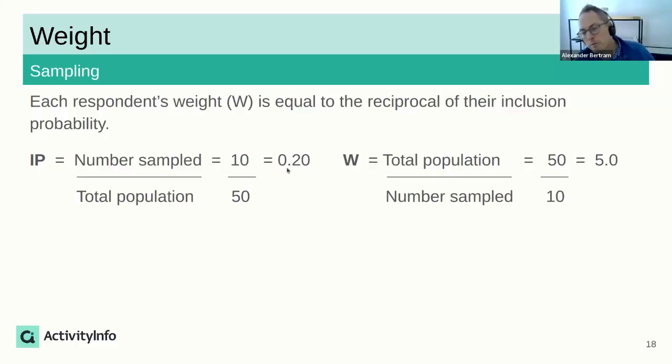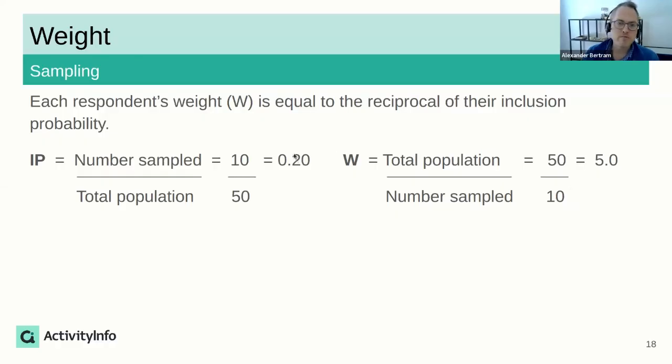Now, what you're probably most used to thinking about and working with in analyzing surveys is weights. But weights are actually just the reciprocal, the inverse of your inclusion probability. So you can just flip this expression around: we take 10 over 50 and we do 50 over 10.